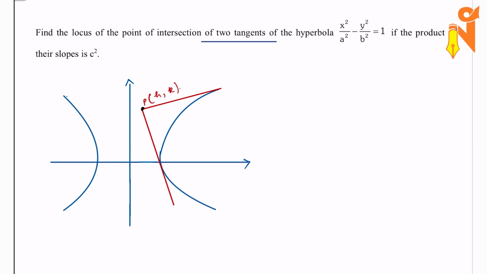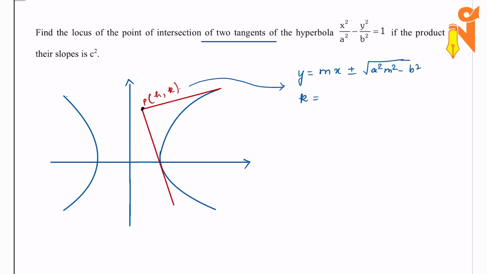Just follow the steps to find the equation of the tangent passing through point P (h, k). The same procedure you have to follow. At the end there will be a small change which will give you the locus. First step is to write the equation of tangent in the slope form: y = mx ± √(a²m² − b²), and then substitute the point h comma k.